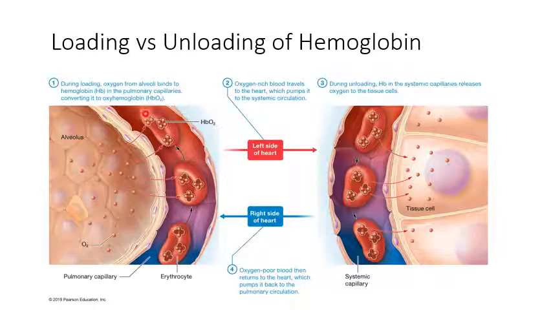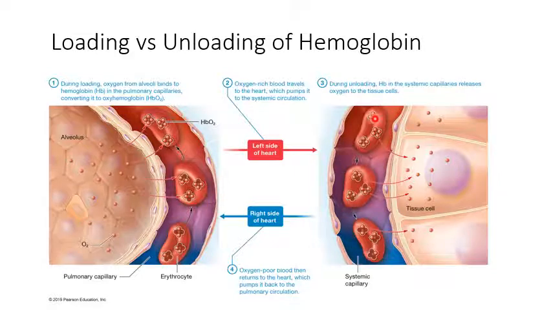Then by the time your red blood cells get to the end, they are all filled up with hemoglobin, with oxygen, and your SaO2 would be very high, like at 99%. So this is in the pulmonary circulation. Then that gas on the hemoglobin is going to be transported to the rest of the circulation, to the systemic circulation.